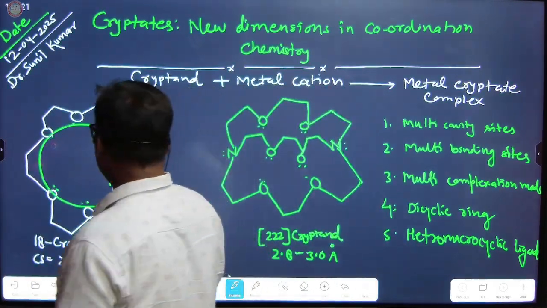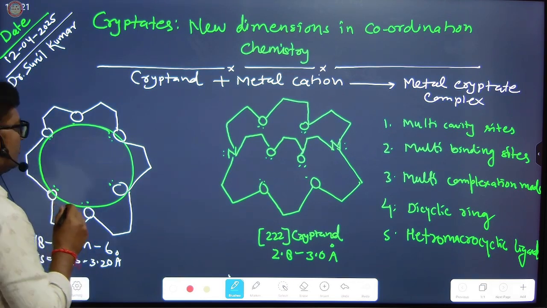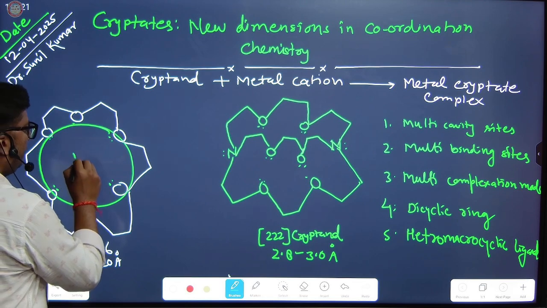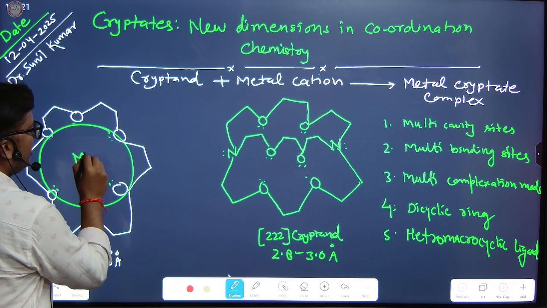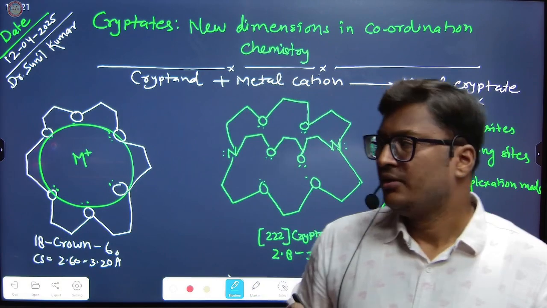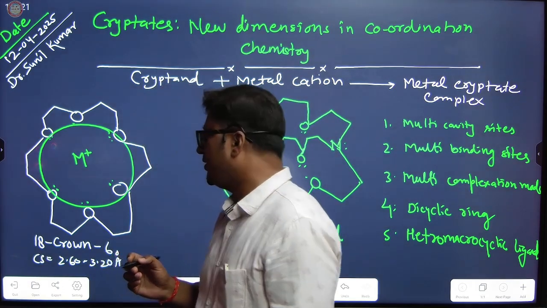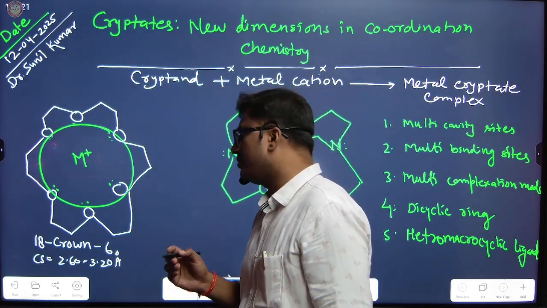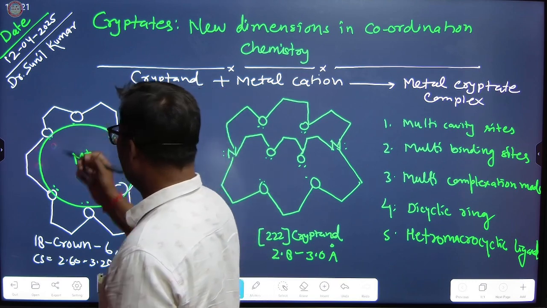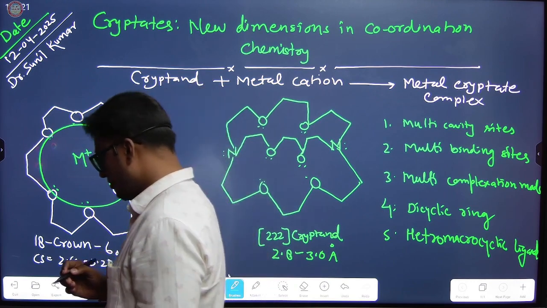And once the cation exists in this hole, suppose we have an alkali metal cation, that is M plus, right? This crown ether influences a polarization effect, polarization force, meaning each oxygen donor acquires delta negative charge, right?